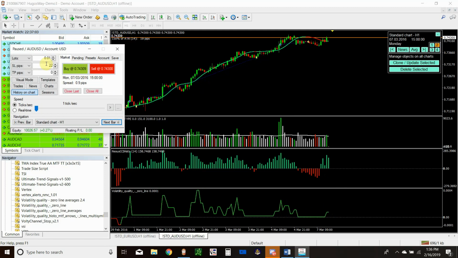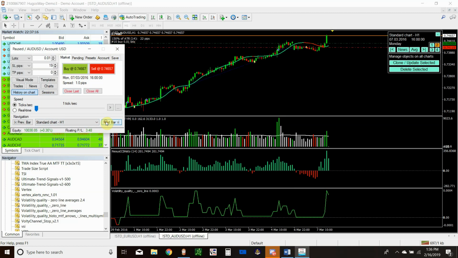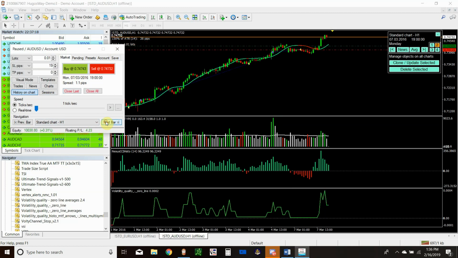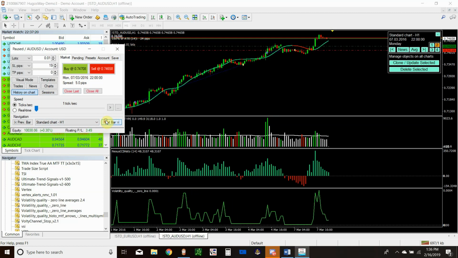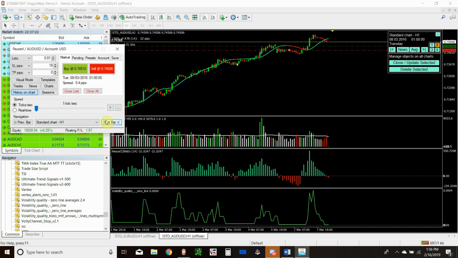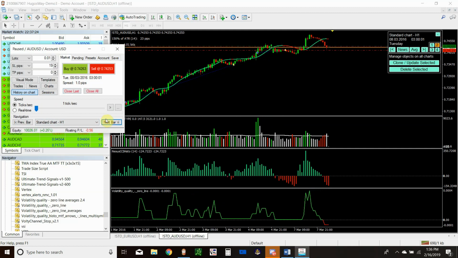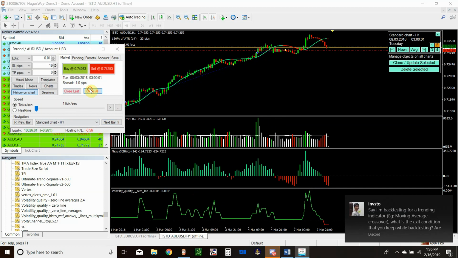So we'll buy again because it meets our rules. 19 for our stop loss. We'll go ahead and buy. Okay, so we got an exit here. It's going to hit our stop loss.